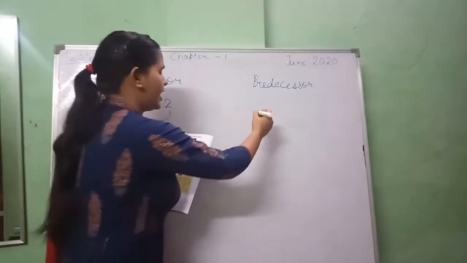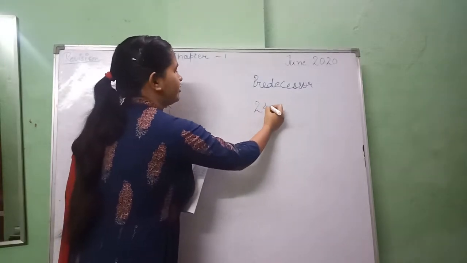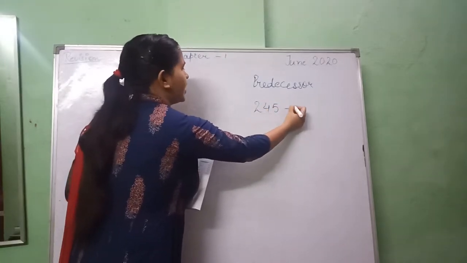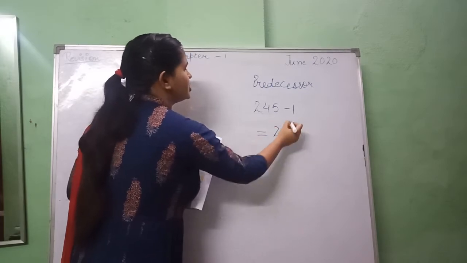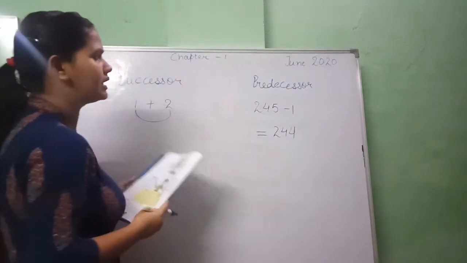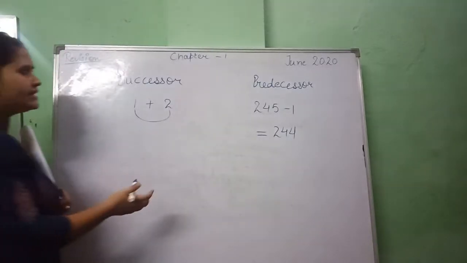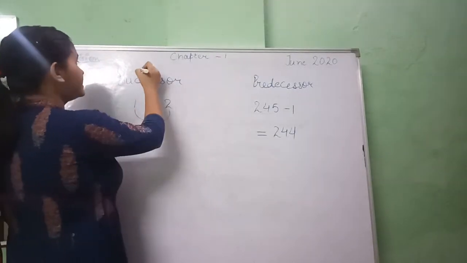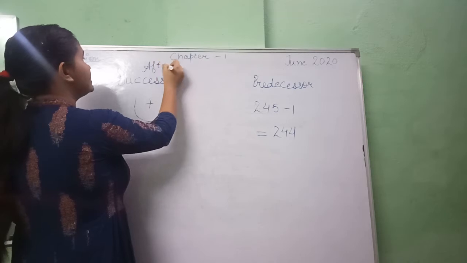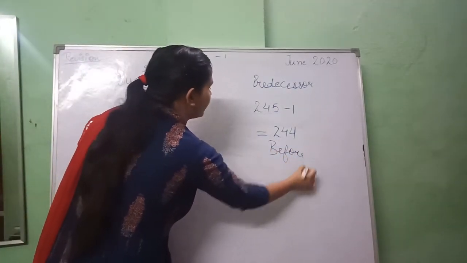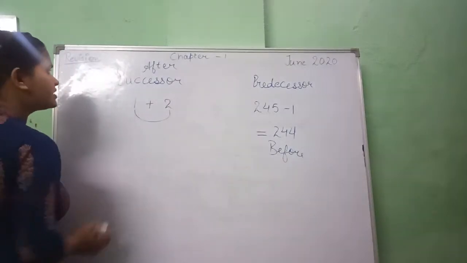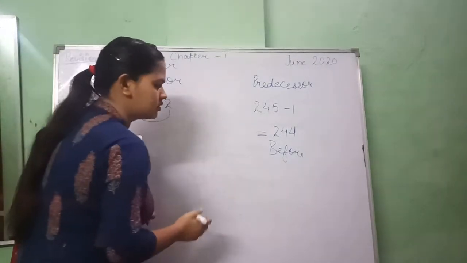Just like if we have 245, minus 1, so we will get 244, just before the number. We can say easily: this is after, and this one is before. Hope you got my words, what a successor means and what a predecessor means, right?